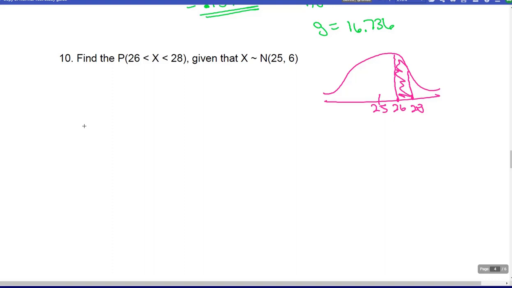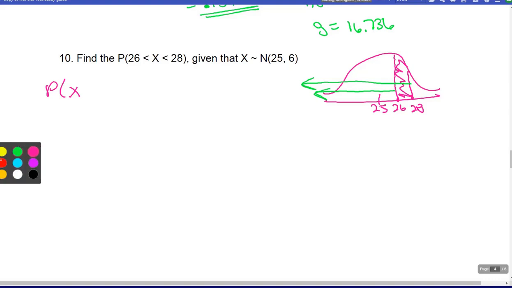You have to find the area below 26. So find the area below what? 26. Start with this one. Find the area below 28. And then what? The area below 26. And then subtract, right? So here's what I'm going to write.